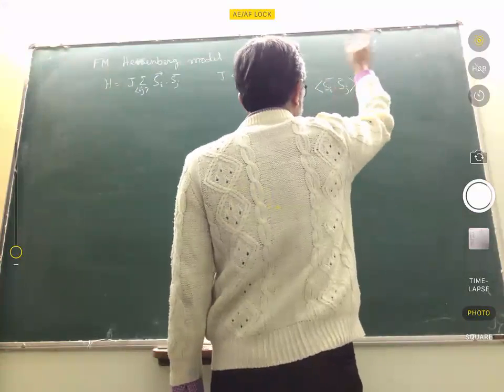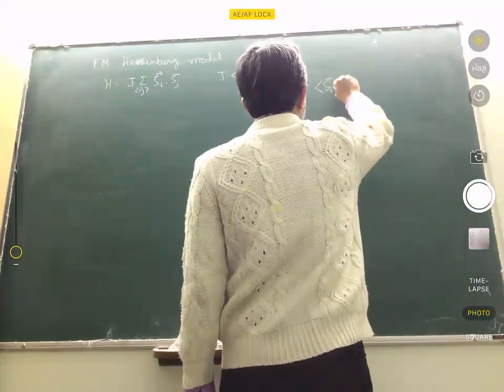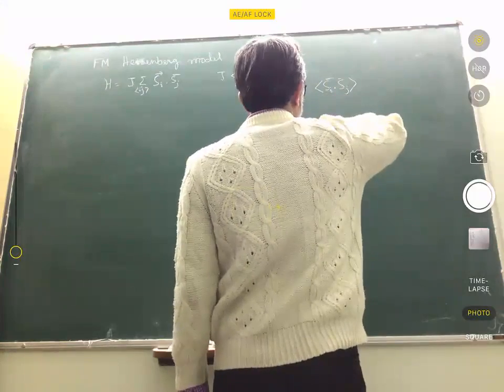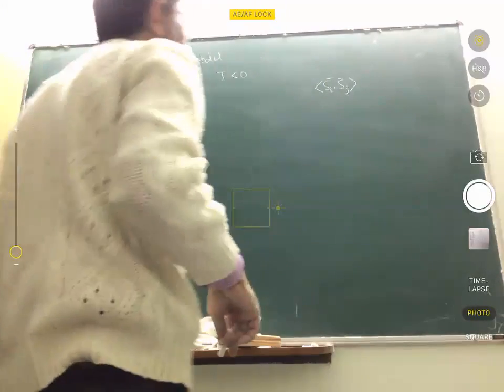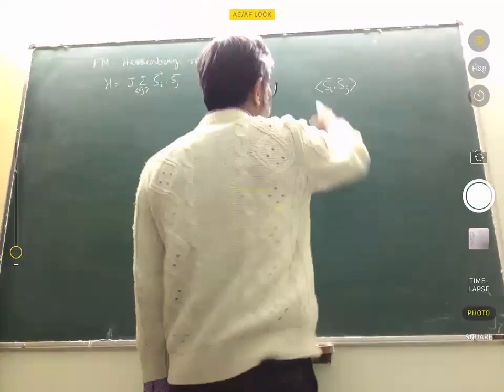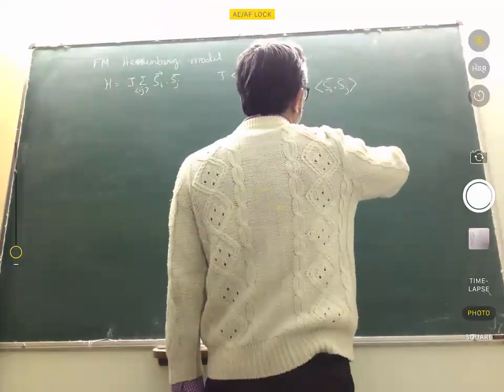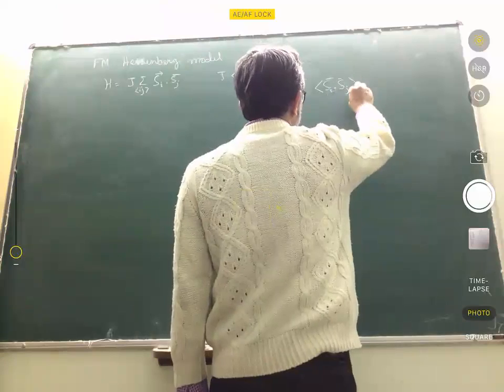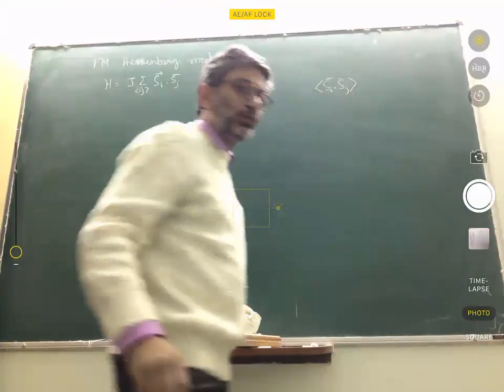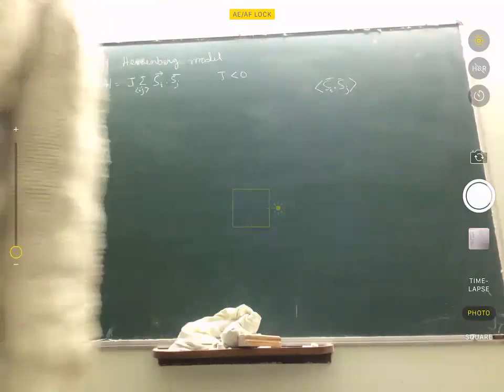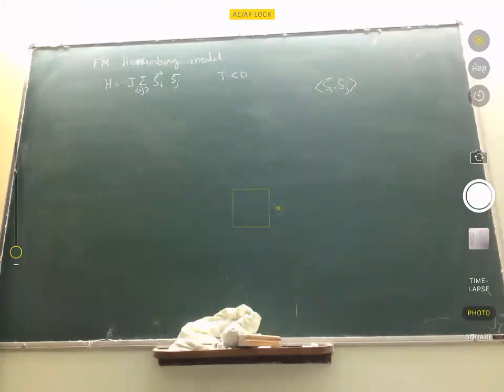I take the average of that over the entire system at some temperature. So it is the statistical average of quantities like this. Now, if this quantity goes to a finite value even when i and j are far apart, you say that the system has a long range order, very crudely.